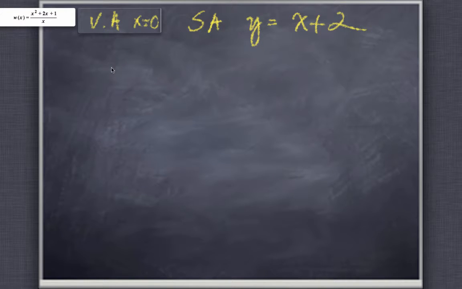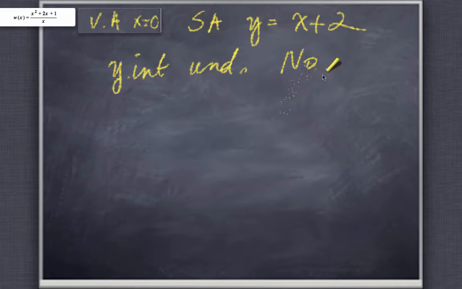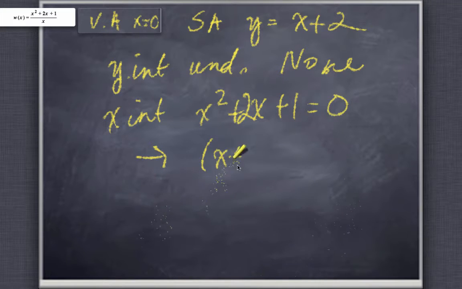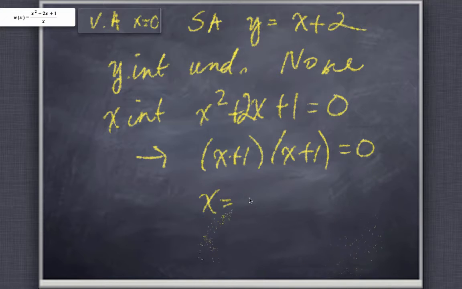Now, we need x-intercept and y-intercept. So y-intercept, we plug in 0. That's undefined. We have this vertical asymptote at x equals 0, so no y-intercept. X-intercept is when the numerator is 0, which means x plus 1 is 0, so that only happens when x is negative 1.